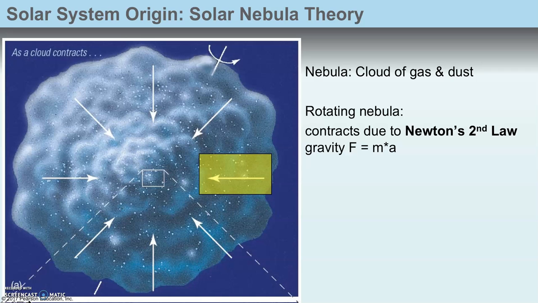And remember, acceleration is not just speed, acceleration is direction. So as this started to rotate in a counterclockwise direction, it started to have acceleration with that, and that's when gravity started. So we have a rotating and contracting cloud or nebula.